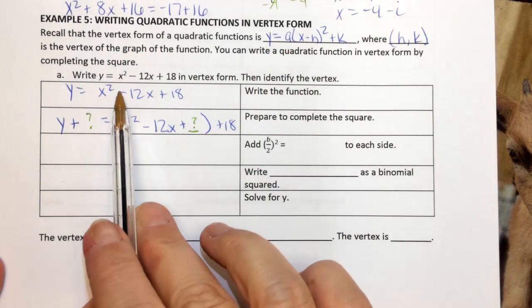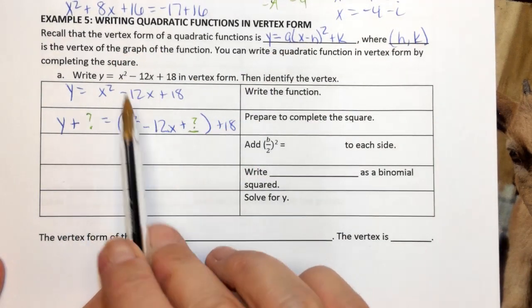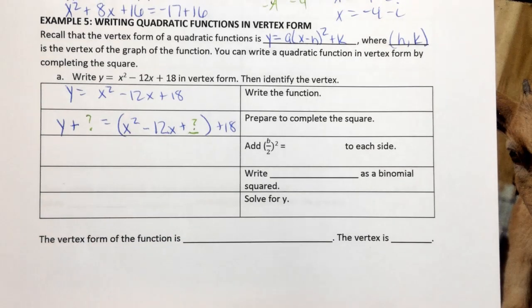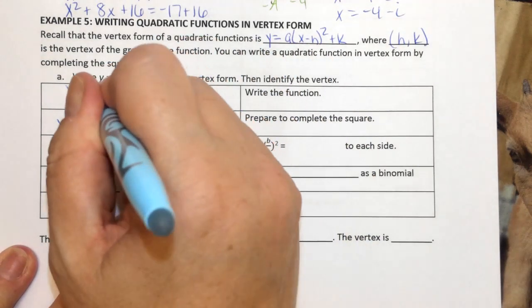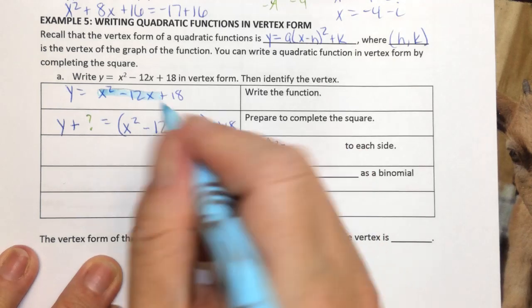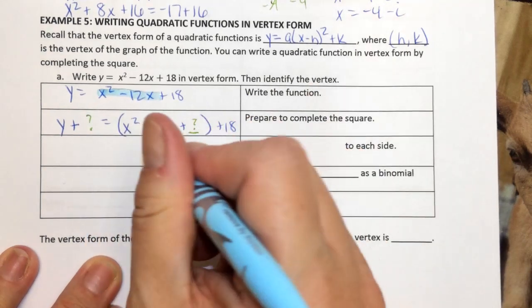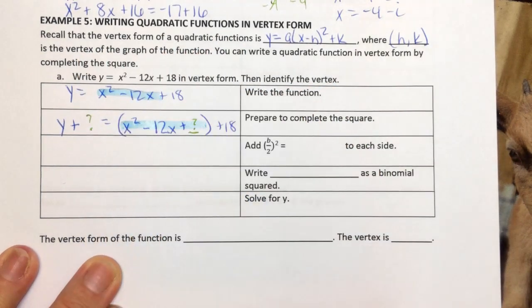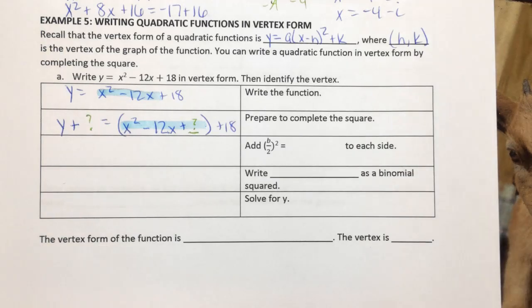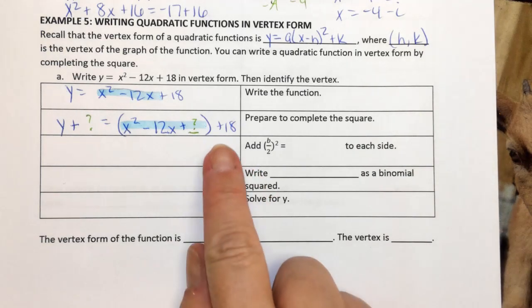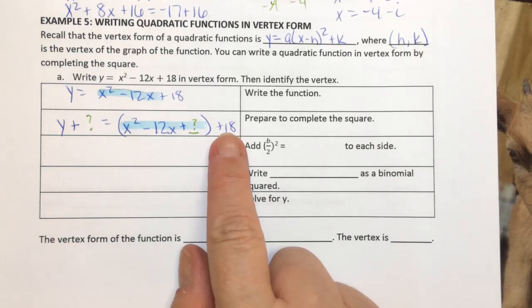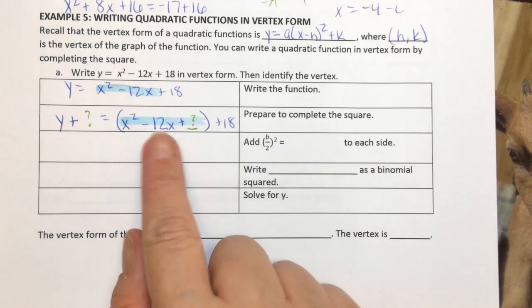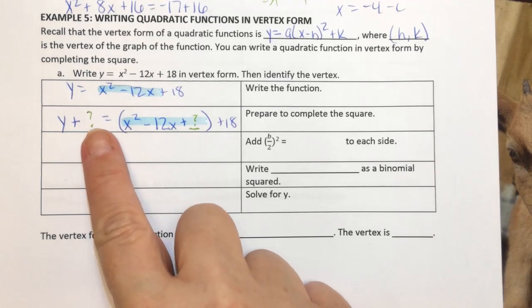So we're taking this part here, that's your x squared plus bx, and we're going to rewrite it here. So we're doing something very similar to the previous one. We're just moving the 18 because remember we need that plus k value. So we're going to move the 18 out and we're going to add whatever this number is to both sides.